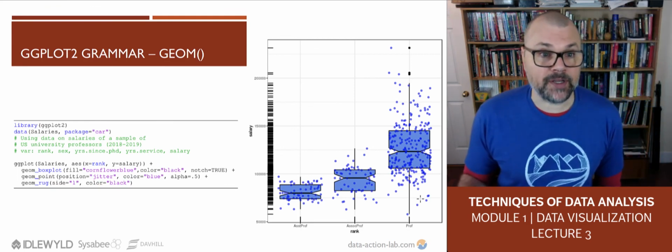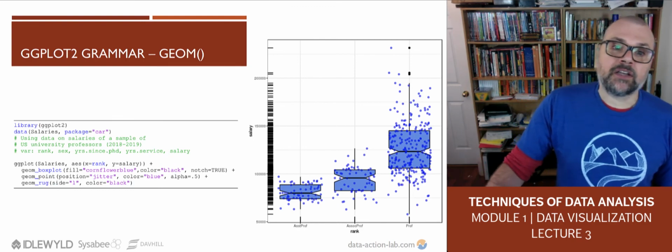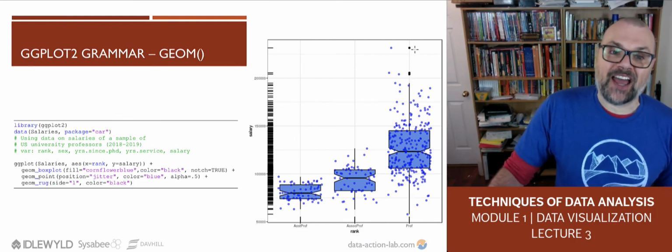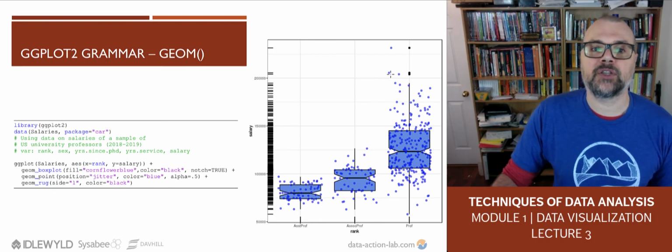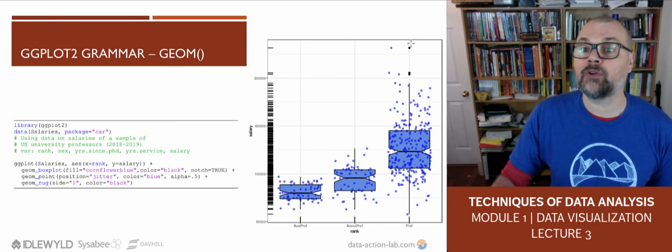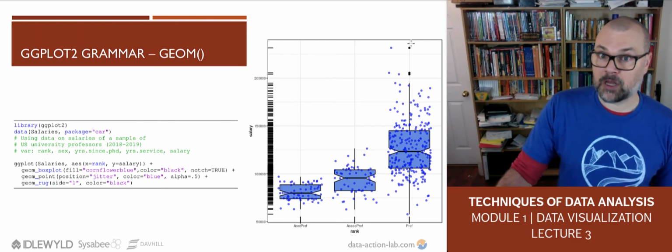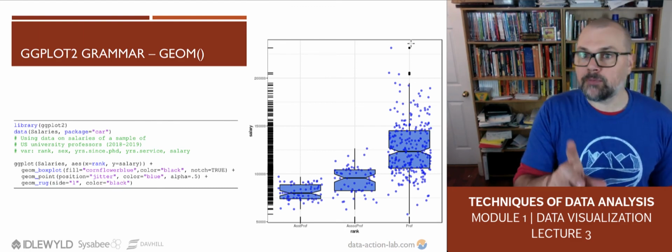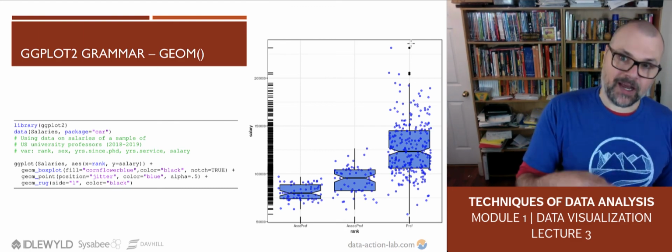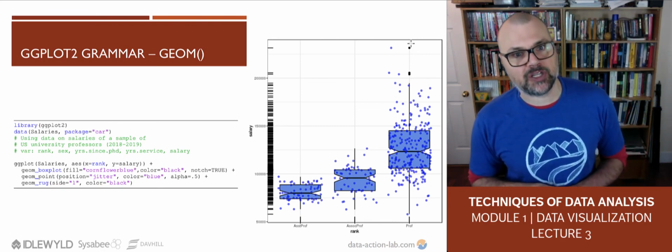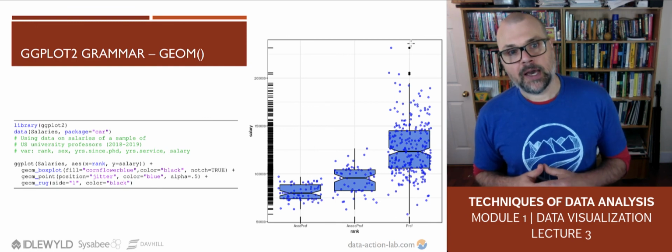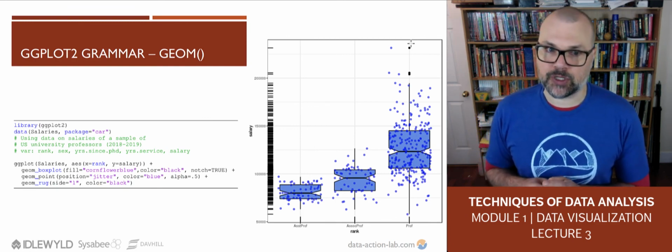Another thing you'll notice, there are some values here which are flat out huge salaries for full profs. There's at least 3 of them which are even considered outliers by the box plot algorithm. Now remember, the box plot algorithm recognizes things that are outliers, assuming that the underlying distribution is normal, and it's not clear that this distribution is normal.